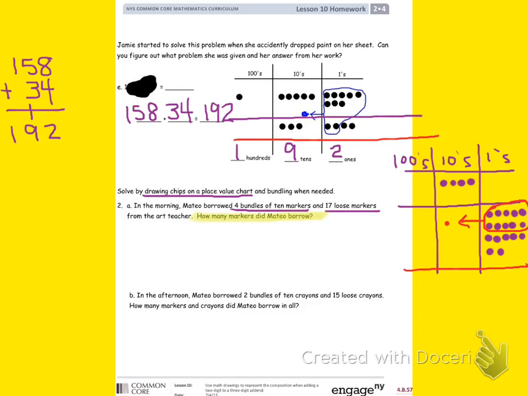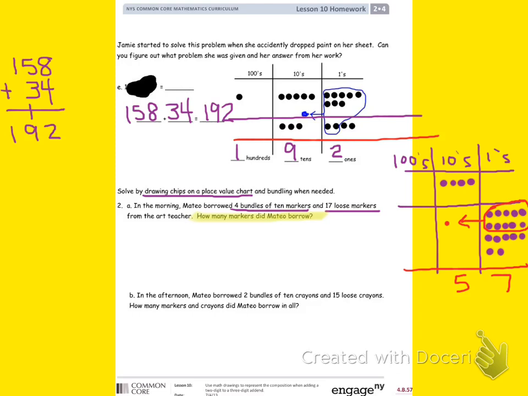There are no other ones that need to be bundled up because they don't make 10. So now let's look. How many ones are not bundled up? I see 7. And for the tens, I see 4 tens plus the 1 red 10. That makes 5 tens. And I see no groups of 100.